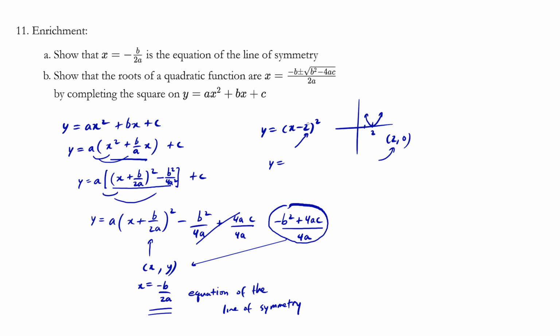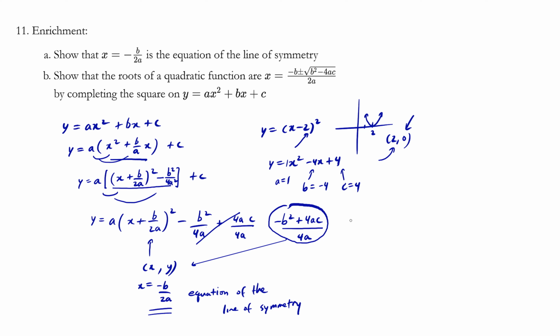We can test it out here. I'm just going to expand out this concrete example. y equals x squared minus 4x plus 4. So you can see that a equals 1, b equals negative 4, and c equals 4. So just to test out the y value, which should be 0, let's substitute these a, b, and c in.